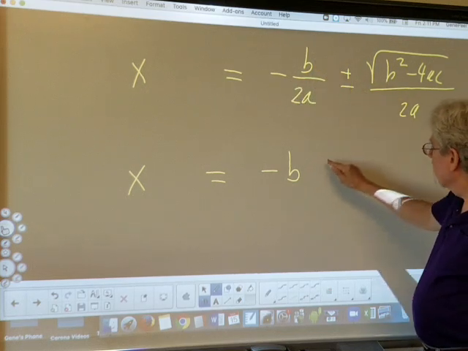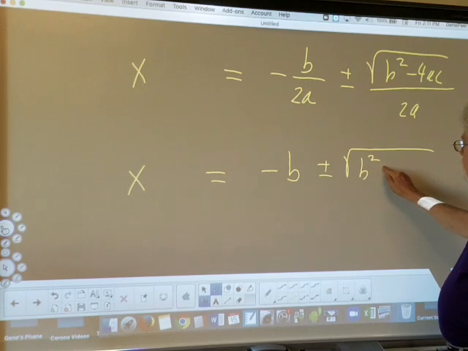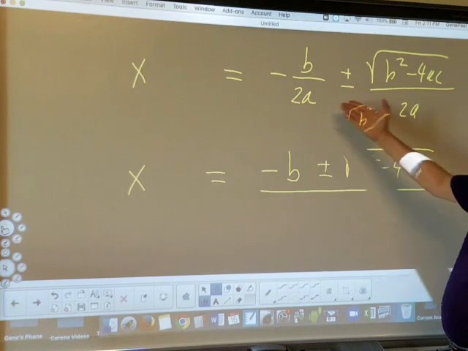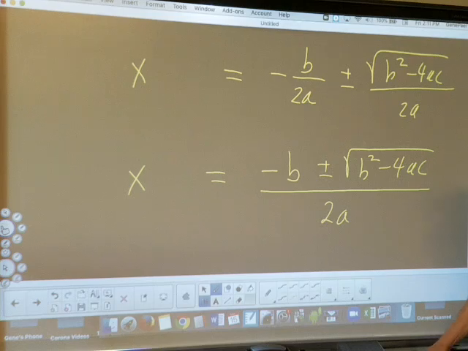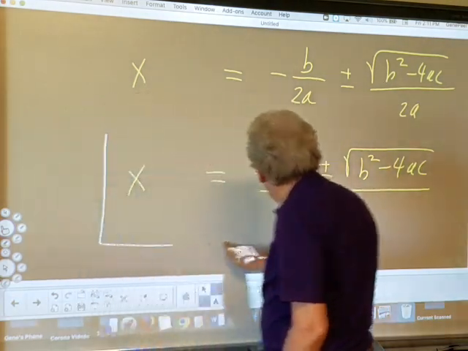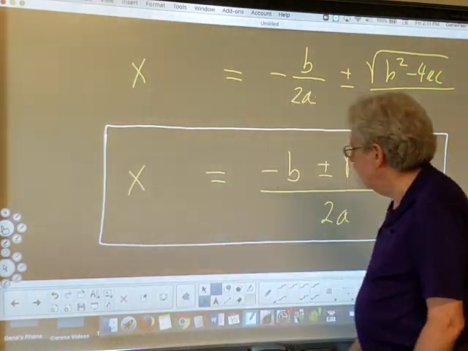Inverse b plus or minus square root of b squared minus 4ac, all now, because we're combining our fractions, all now over 2a. Folks, that is one of the most famous formulas in all of mathematics.